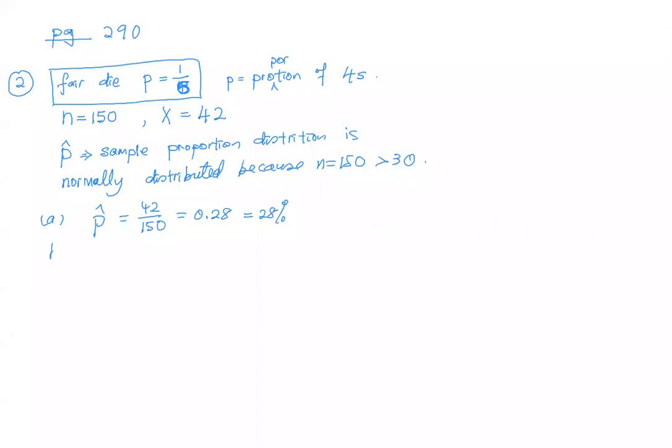So the answer is 1/6. Okay, which is you take out the calculator, always give them in percentage. That is 16.7%. Okay, so part C, construct the 95% confidence interval.